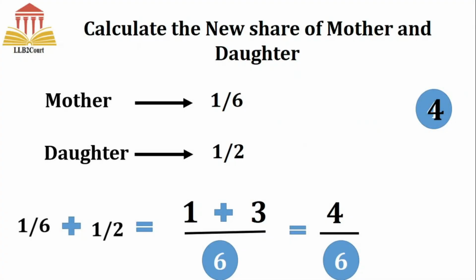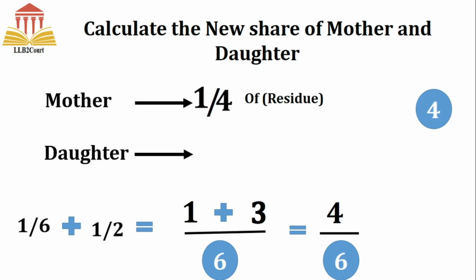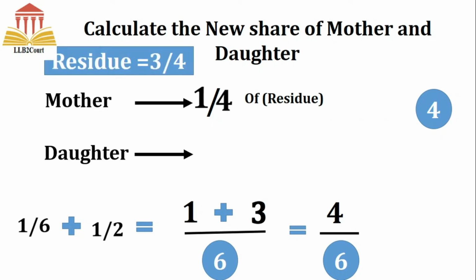So here comes the trickiest part. Now the new share of the mother is 1 by 4 of the residue, which is the residue we calculated in the previous step, 3 by 4. So we need to calculate 1 by 4 into 3 by 4.